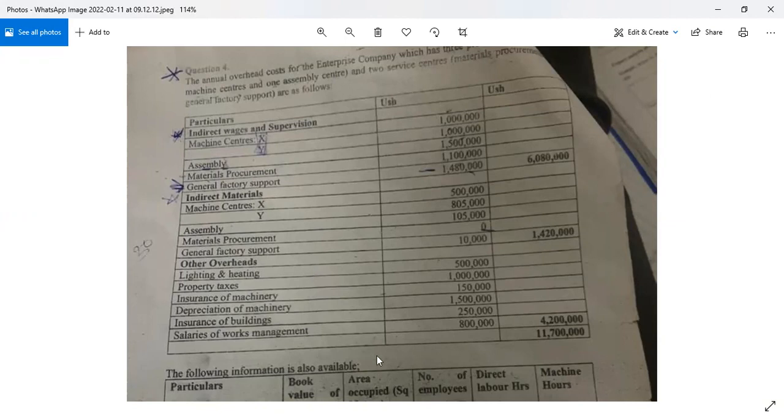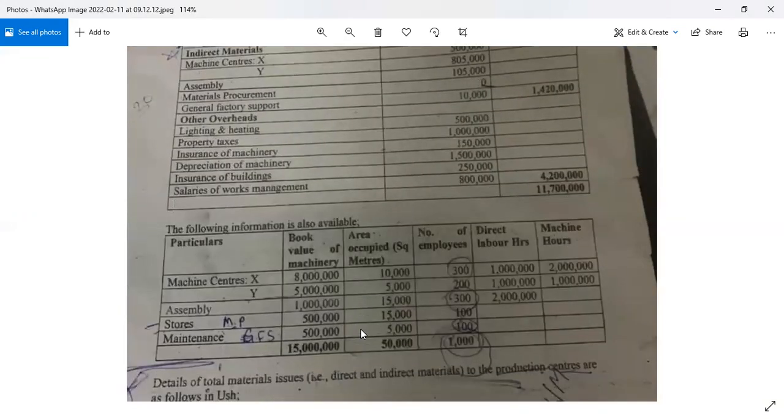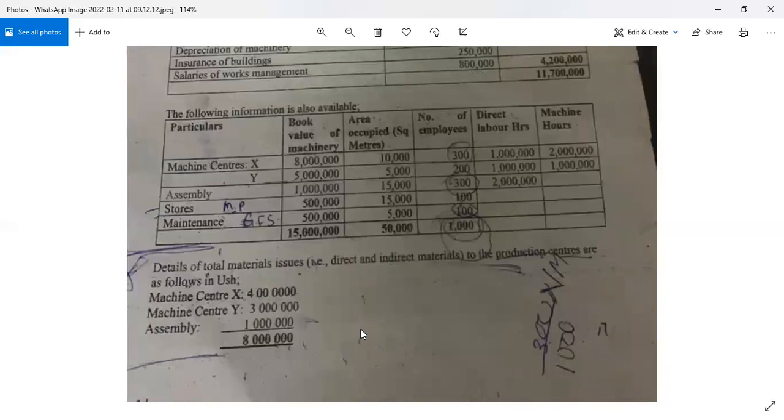Then you're given cost drivers, what you call the basis, clearly showing you that you have book value, area, number of employees, direct labor hours, then machine hours. And then you're given additional information about direct and indirect material, details of total materials.